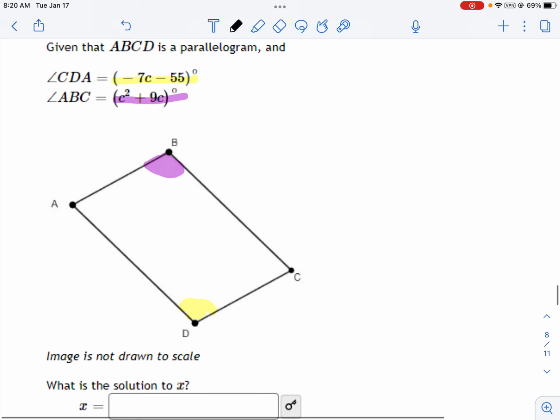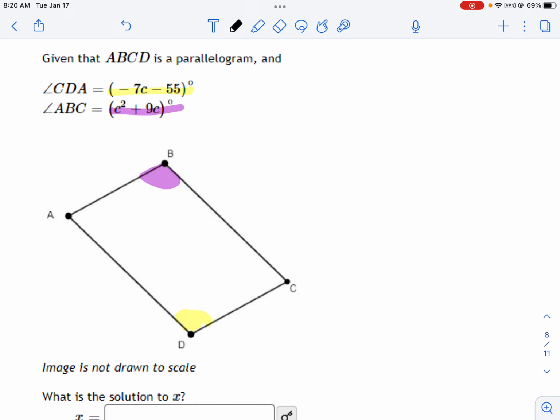So when we're looking at this one, you have your two angles. How do they relate to each other? Well, we know two properties when it comes to angles and parallelograms. The first property is that angles directly opposite of each other are congruent. That means your angles CDA and ABC have to be congruent because they're opposite of each other.